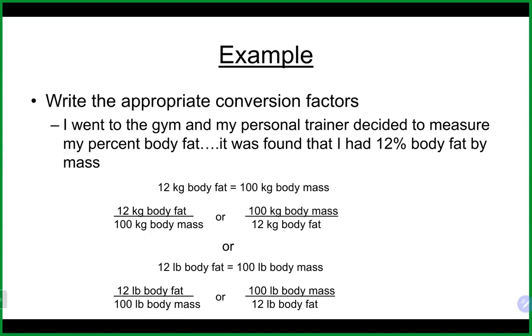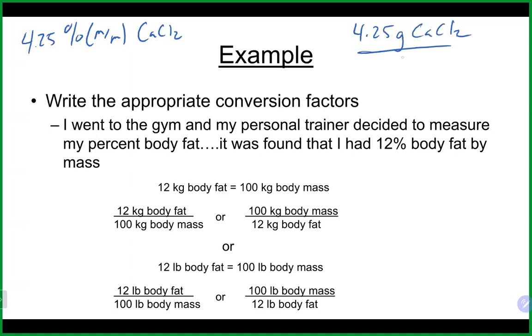But a lot of times, for example, if we had something like 4.25% by mass, which is known as mass-to-mass percent, say calcium chloride, and I wanted to turn that into a usable conversion factor, basically that would mean I have 4.25 grams of calcium chloride in 100 grams of solution.